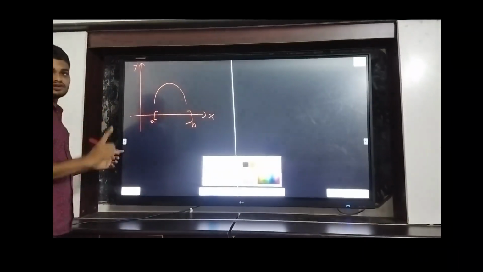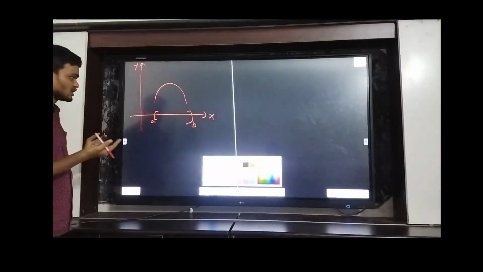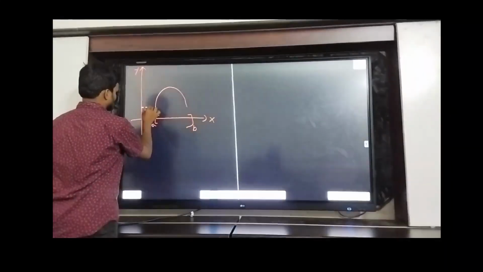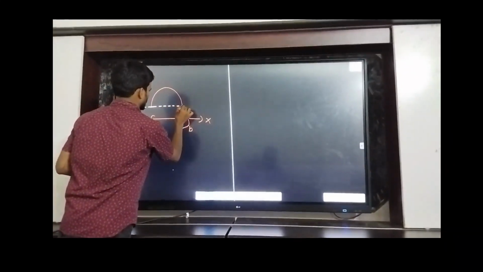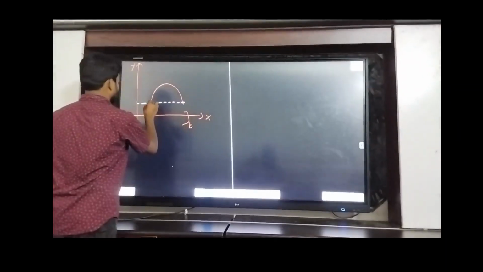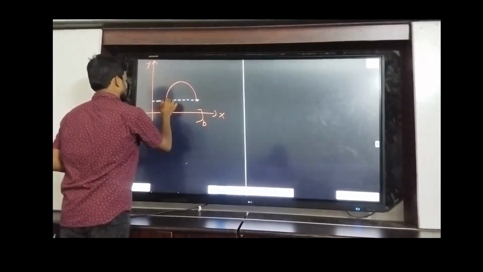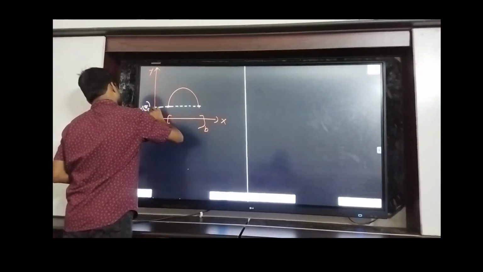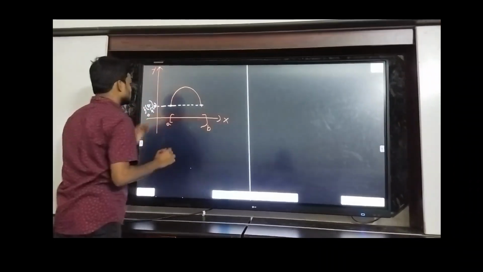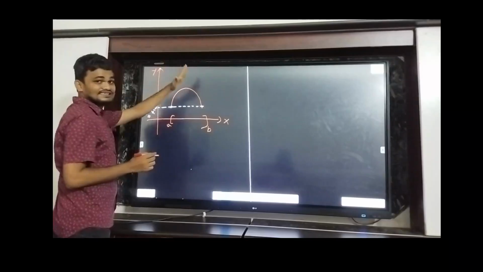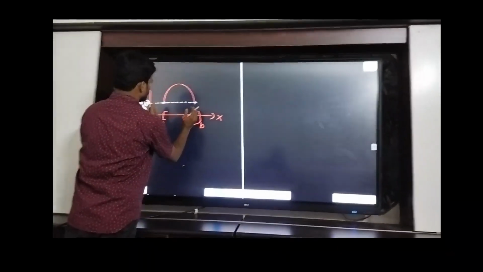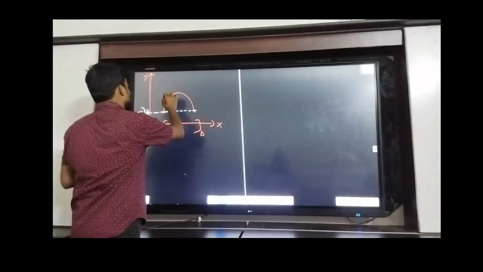Then what the theorem talking about? If f of A is equal to f of B, so this is your f of A, this is your f of B. If f of A is equal to f of B, then suppose we are trying to plot tangent in the domain closed interval AB corresponding x coordinate.